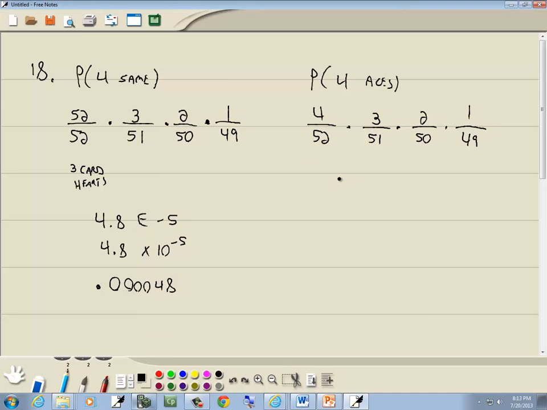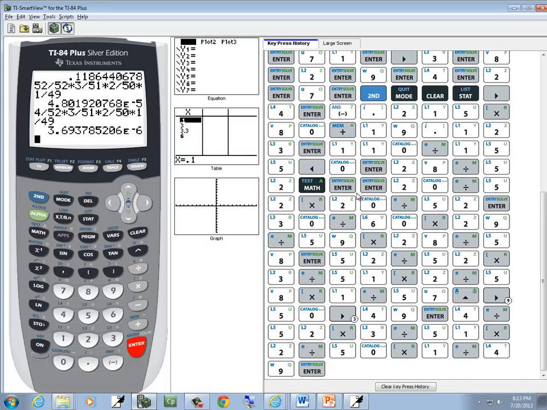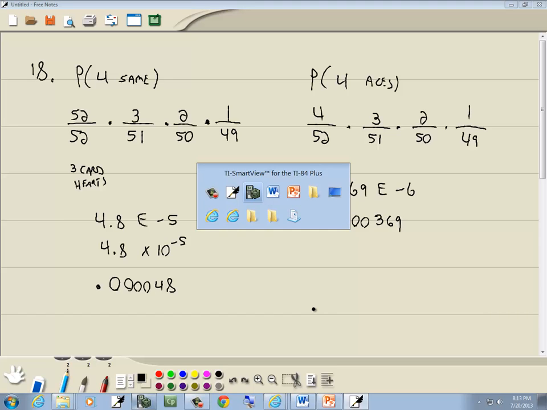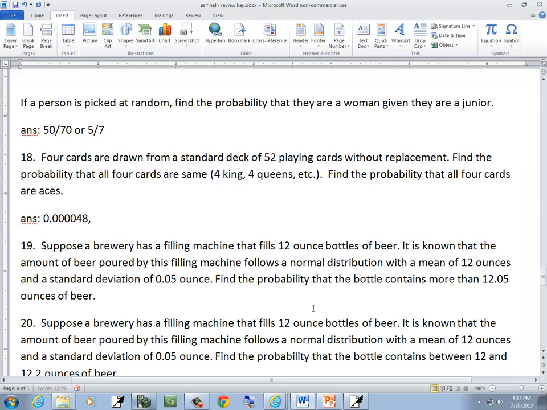Now I made up these examples, so some of them come up with some bizarre numbers sometimes. 69E negative 6. Okay, it means I move my decimal place 6 places to the left, so I'm going to have 5 zeros, and then 3, 6, 9. And that would be our answer. 0.123, how many is this here? 5. 3, 6, 9.